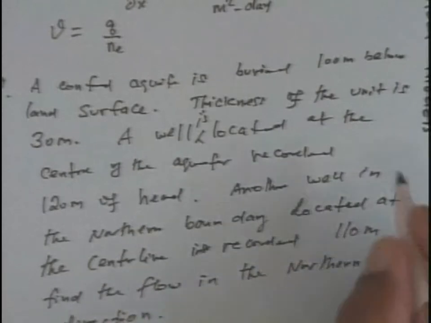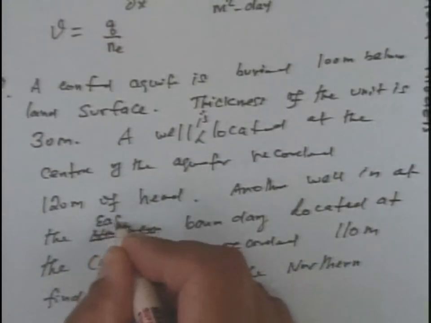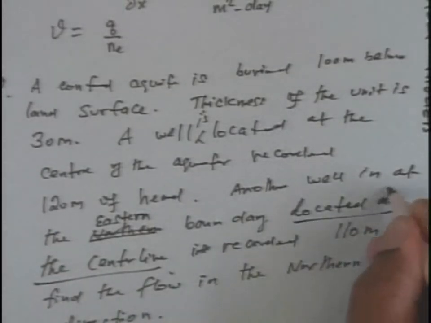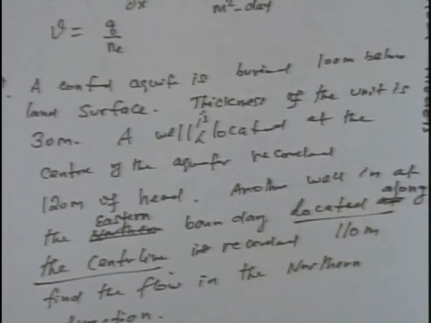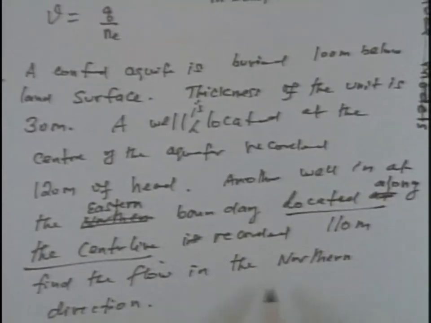Another well is at the, let's change this, instead of northern, let me call it eastern. That'll look a little better. Eastern boundary located along the center line, not along the center line, recorded 110 meters. Find the flow in the eastern direction.